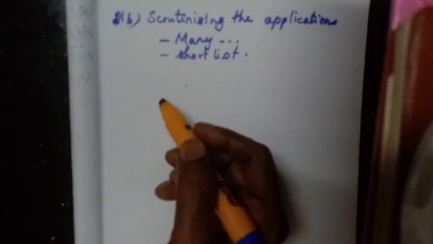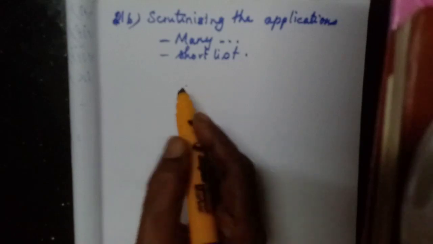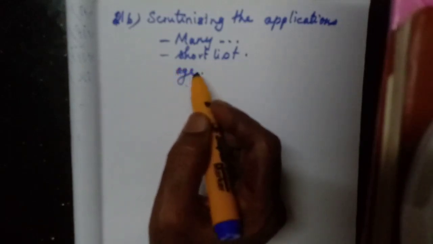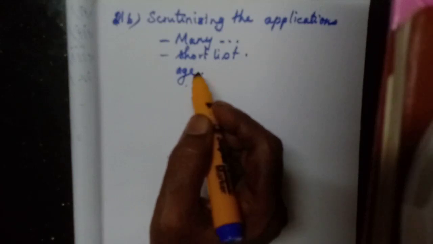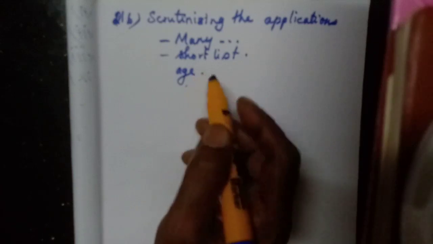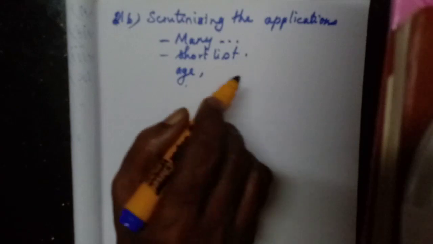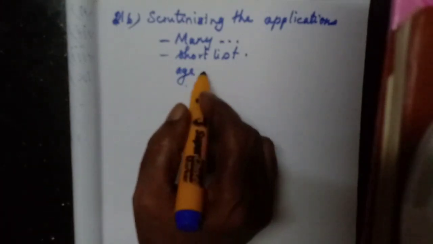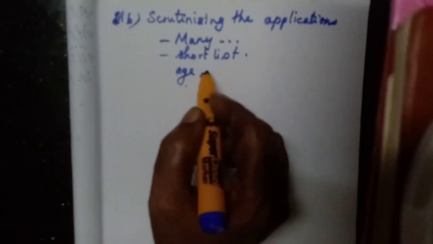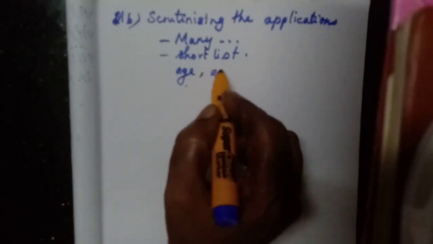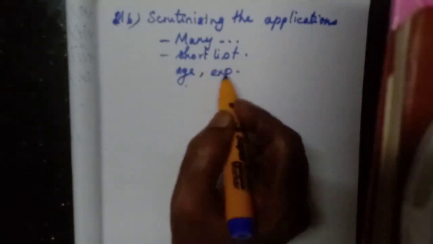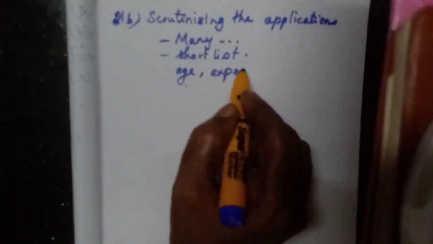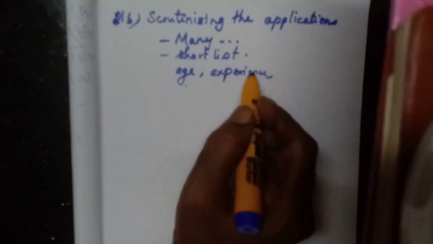Maybe the age group, 25 to 40 or 25 to 45, so applications from other age groups can be thrown away. Or the experience: those who do not have experience can be rejected, so experience will be one criterion.